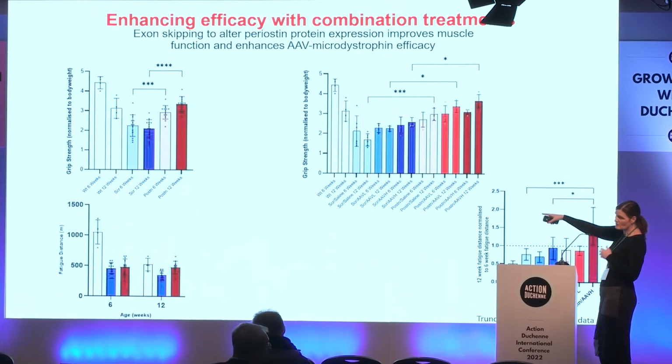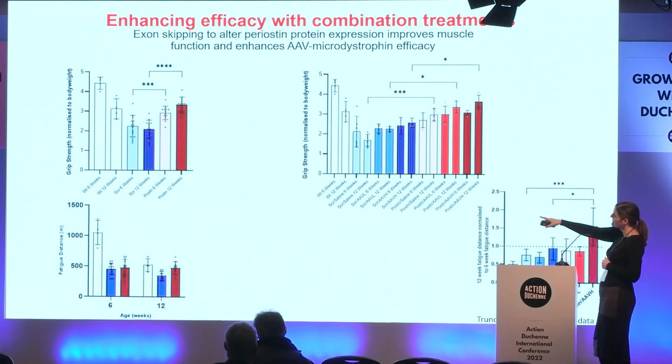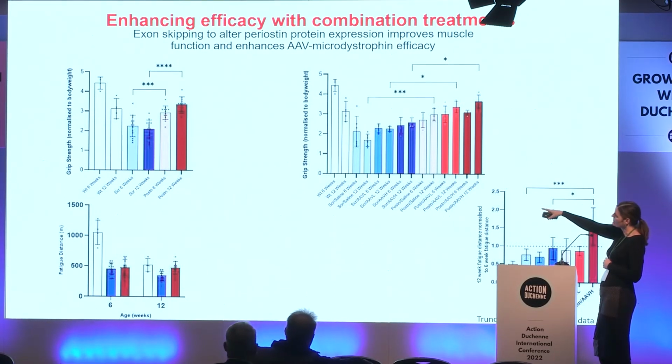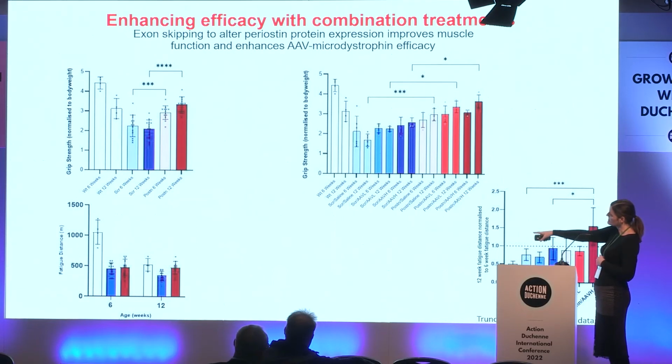So the blue is treated with a scrambled antisense, so it's not targeting the periostin. And you can see that they're much weaker on the grip strength graph compared to the wild type. But with the periostin antisense, their strength is increasing and is fairly similar, not statistically significantly different to what's seen in wild type. And then again, for the distance they can run before they're tired, it's improved with the periostin antisense on the bottom there.